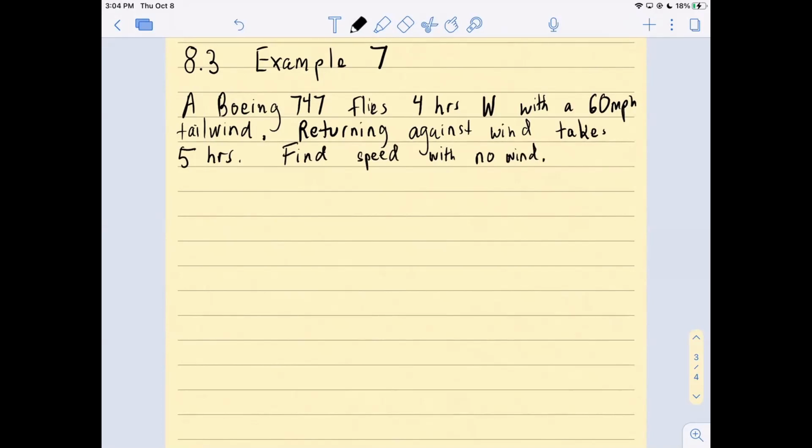Okay. Do you guys know about this effect, that if you fly from New York to California, it's a lot less time than flying from California to New York? Do you guys know why that happens? What the wind is then? It's the tailwind because it's going west. Yeah.